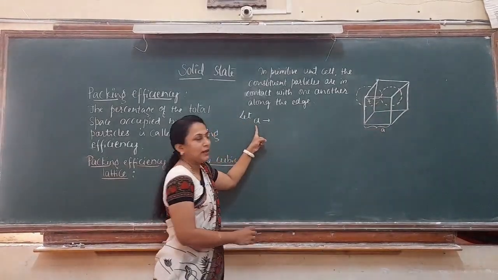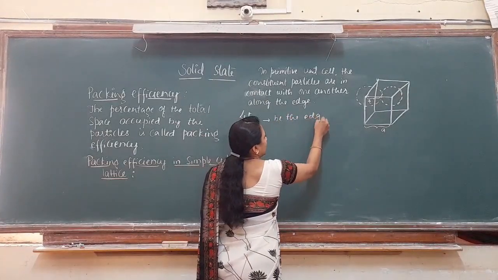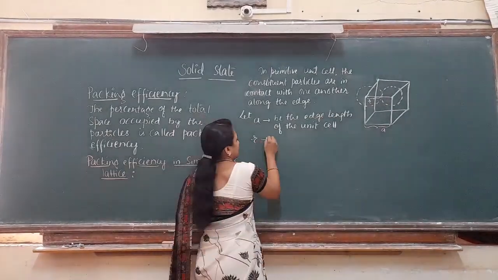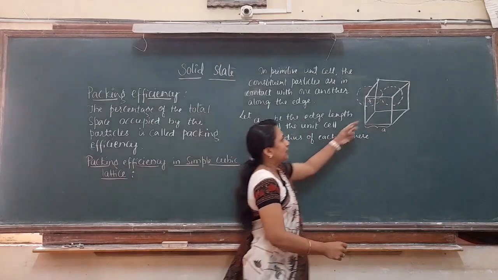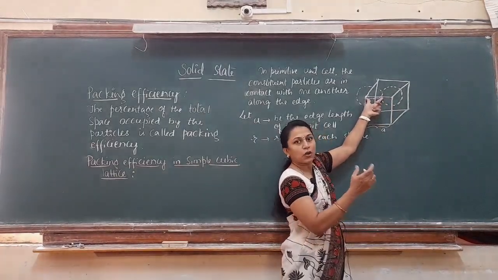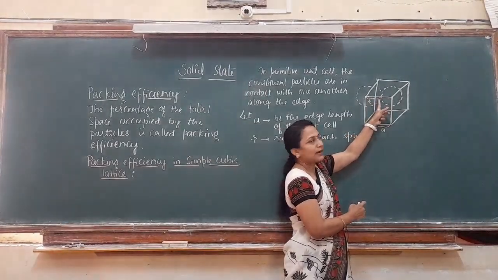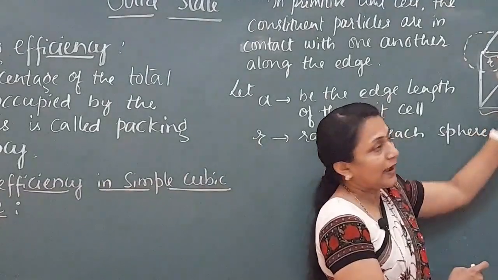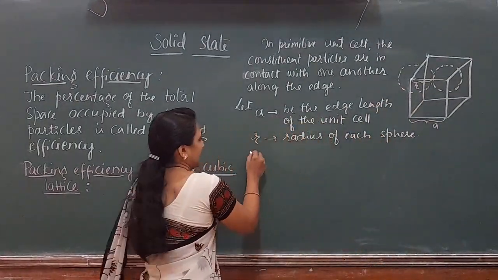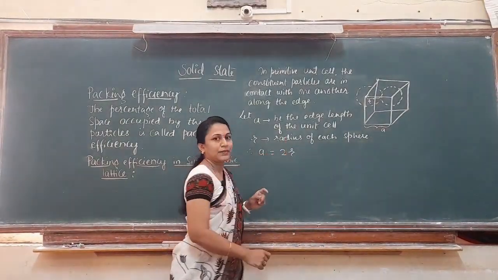Let a be the edge length of the unit cell and r be the radius of each sphere. So this radius is r and this is r, therefore we can write a is equal to 2r.